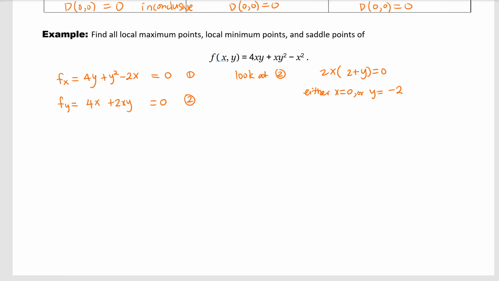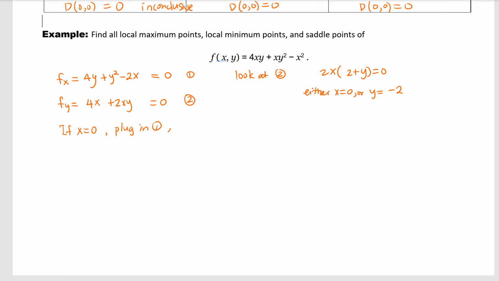So far so good. If x equals 0, plug into the first one. Here we're using the substitution method. We find some pattern, and when you try to solve equations, move all the terms to one side and try to factor.